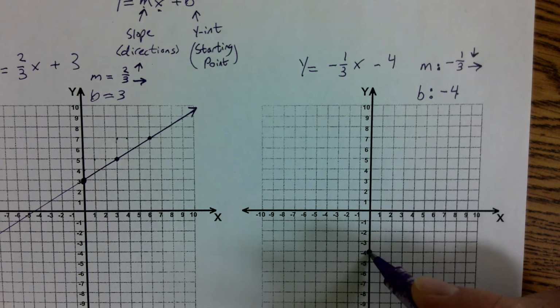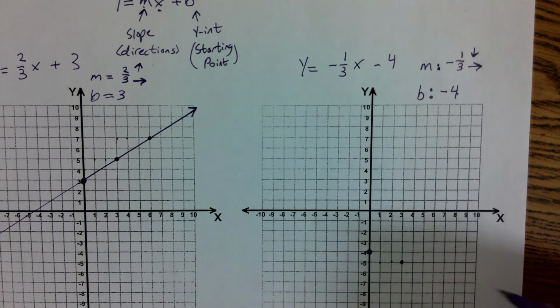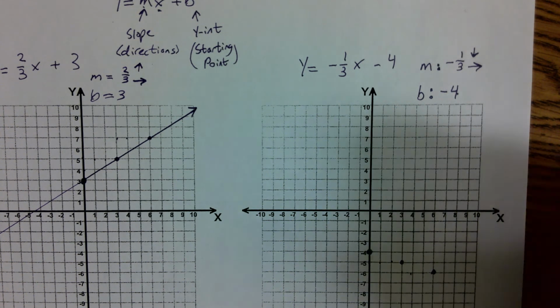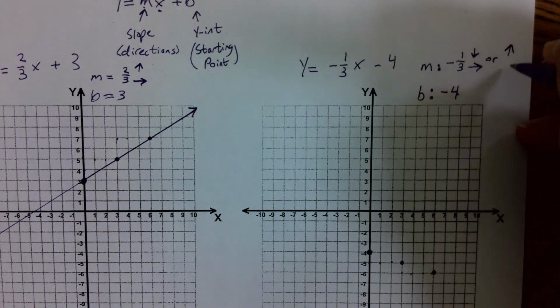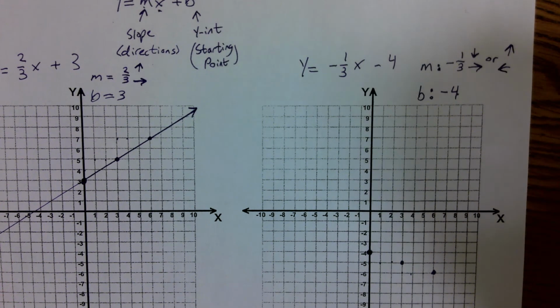So starting at our -4, we're going to go down 1 and to the right 3. 1, 2, 3. Down 1 and to the right 3. Now, instead of going down and to the right, you also technically could go up and to the left.